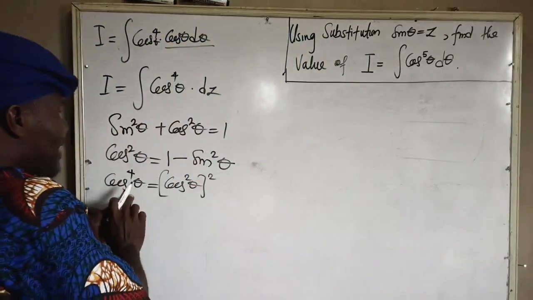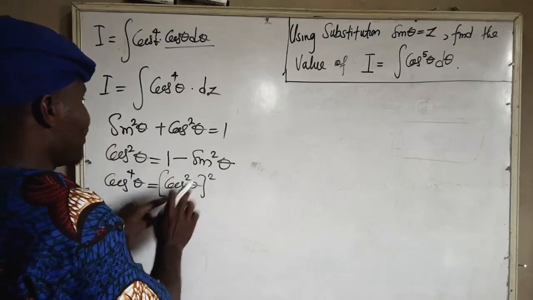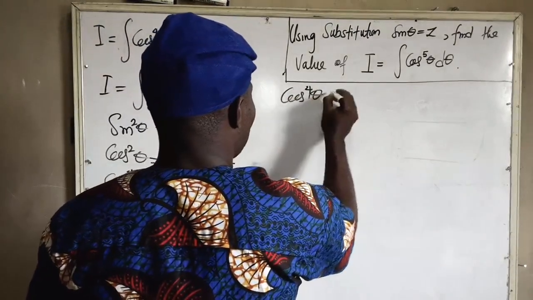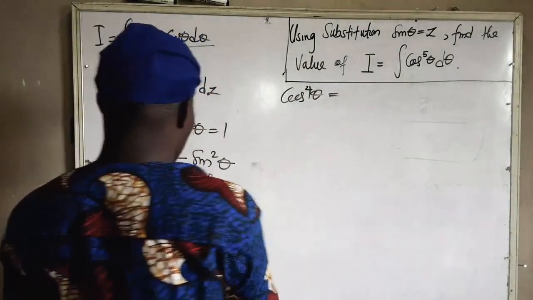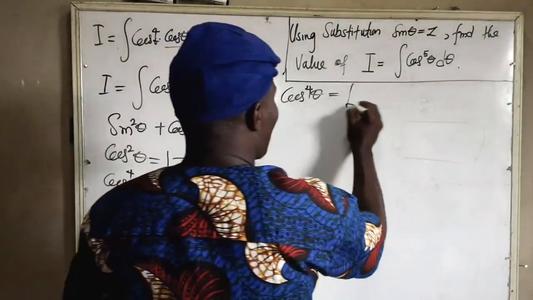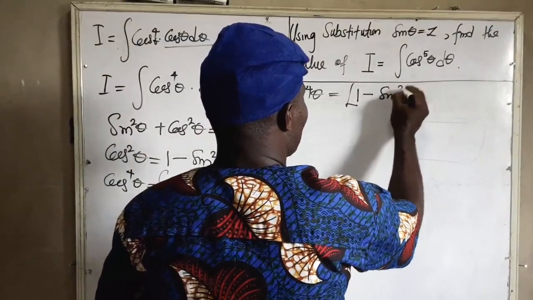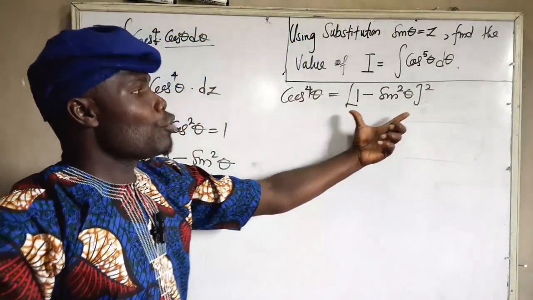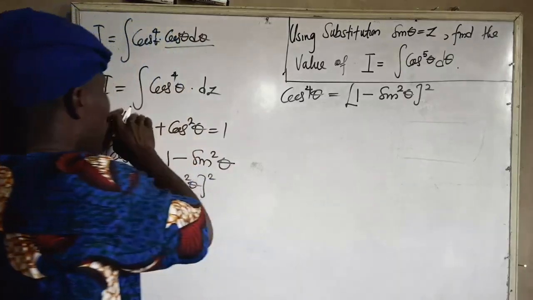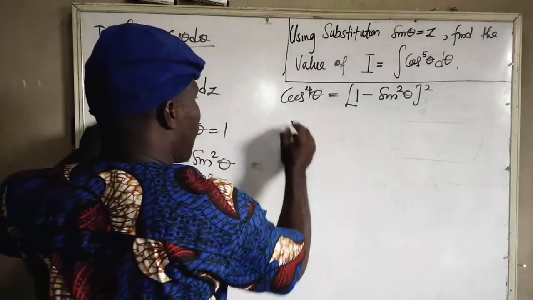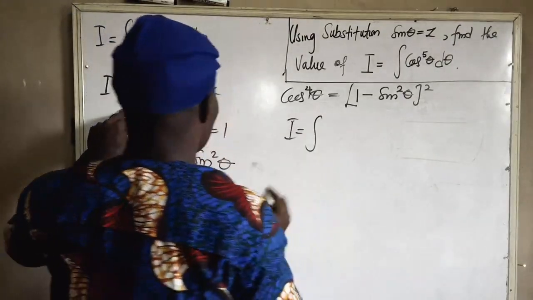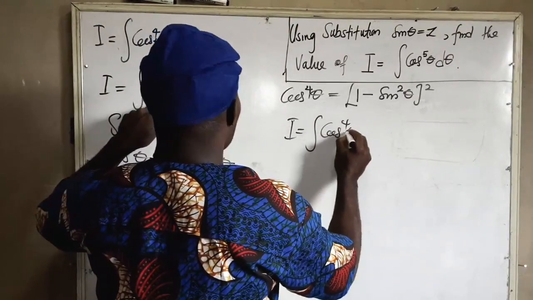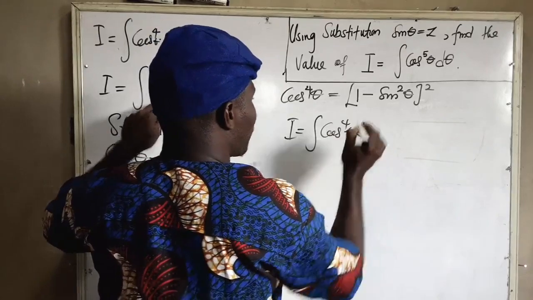Therefore, instead of writing this, cos raised to power 4 theta will now be cos square theta all squared, which is 1 minus sine square theta all squared. This is just the meaning. So now we bring this value in, that our I is the integral of cos square theta all squared dz.